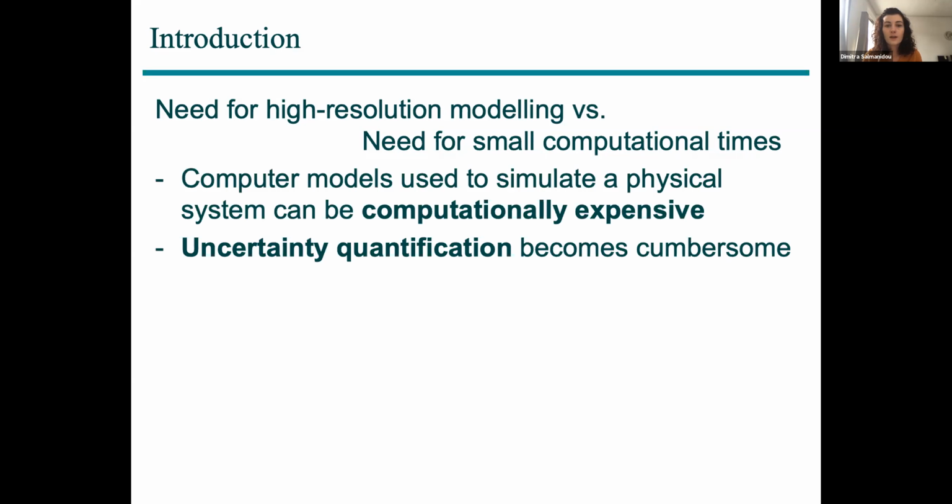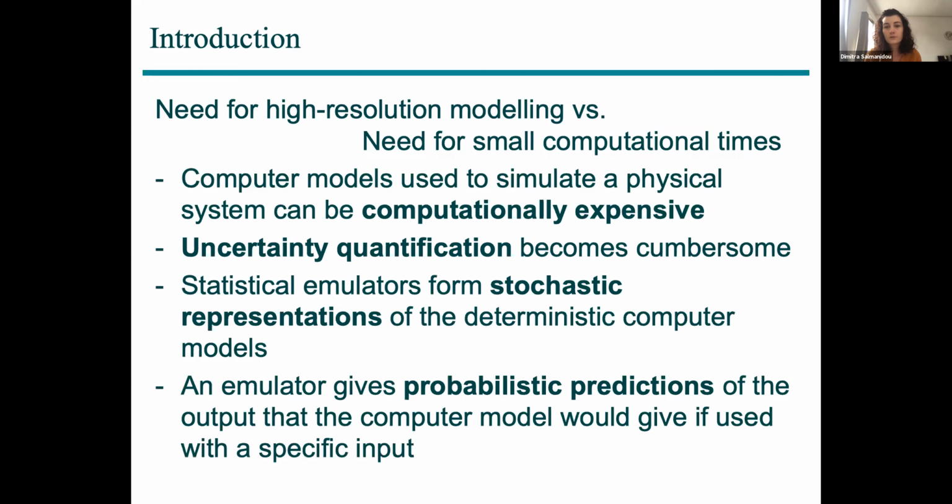This makes uncertainty quantification methods more difficult because numerous scenarios are needed. So a prominent solution for that can be statistical emulators, which form stochastic representations of the deterministic response. They can run once built almost instantaneously, so they can provide probabilistic predictions of the output given some specific input.